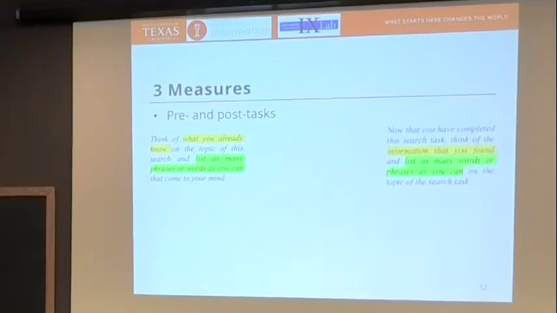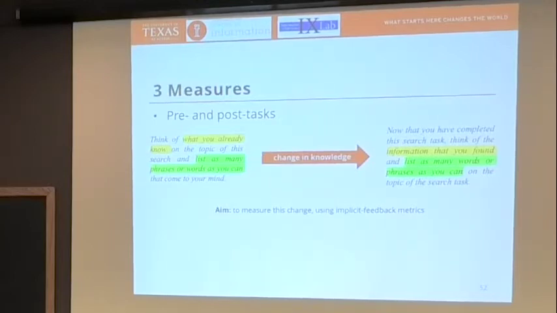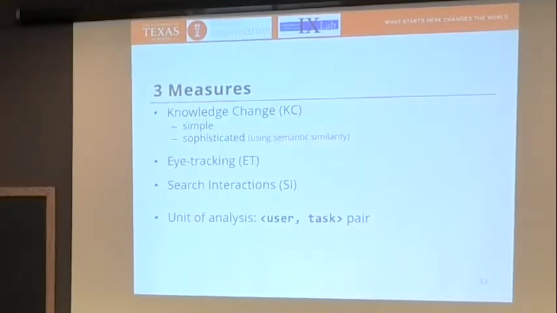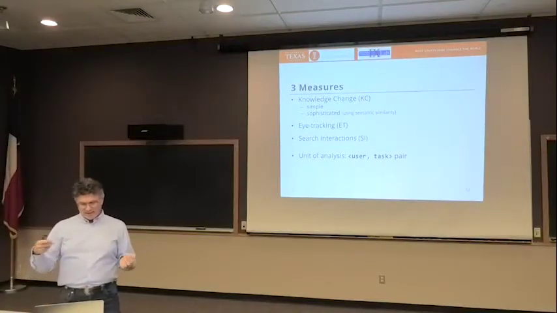And so this was change in knowledge at this low level of remembering, and that was what we were then relating to changes in their interaction, as well as to changes in the measures derived from eye tracking. So we had knowledge change as a measure, and I will explain some of the specific measures that we have used. Eye tracking measures and search interaction, that is the web pages they open and so on. And our unit of analysis was user and task.